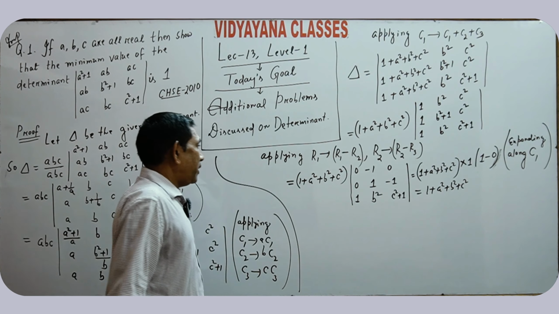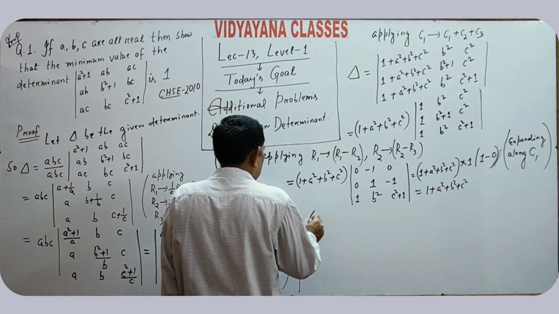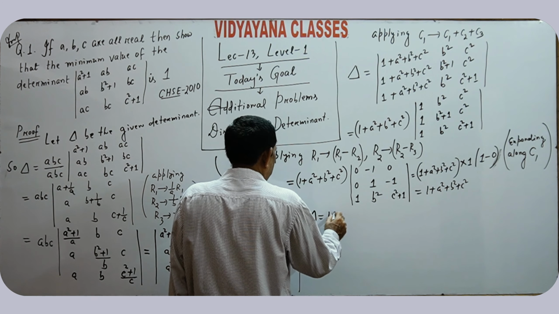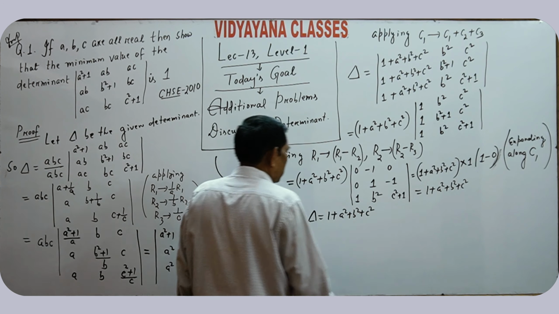The given determinant del is equal to this. This implies del is equal to 1 plus a square plus b square plus c square.